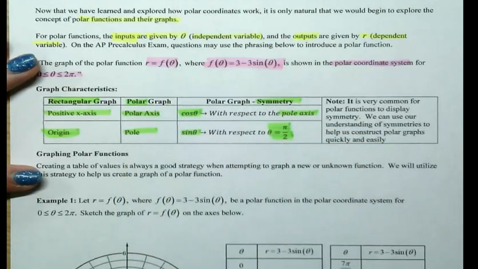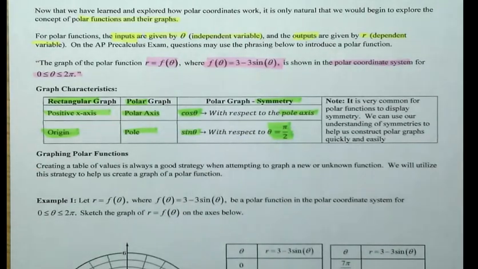So knowing the symmetry and being able to determine it can help us understand the graph itself. That's what my note is over here. It's very common for polar functions to be displayed using symmetry. We can use that symmetry to understand the graph, so that can help us quickly and easily sketch the pieces that we need to know. So just so you're familiar with those words, okay?